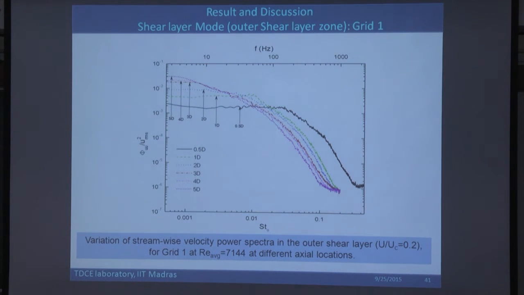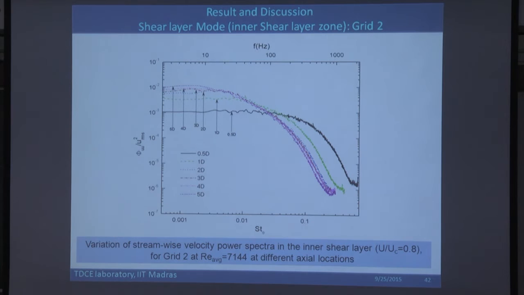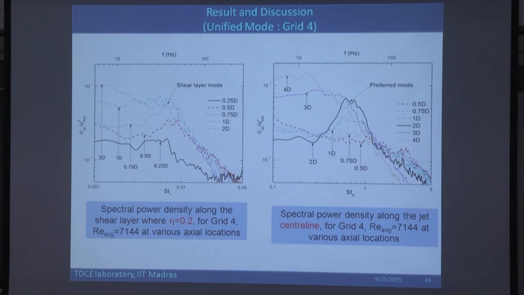Even in grid 1, the same thing was happening. Grid 2, same. There was no presence of any roll up or anything. But in grid 4, there was a problem. In grid 4, irrespective of whether you block the edge or not block the edge, we had preferred mode as well as the shear mode. The one good thing is that both were oscillating at the same frequencies.